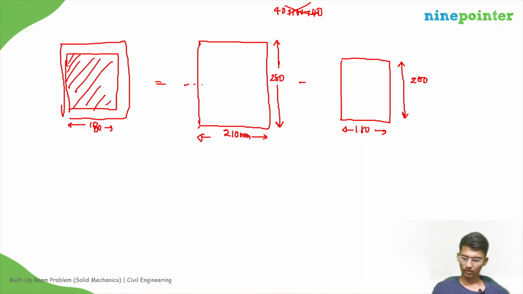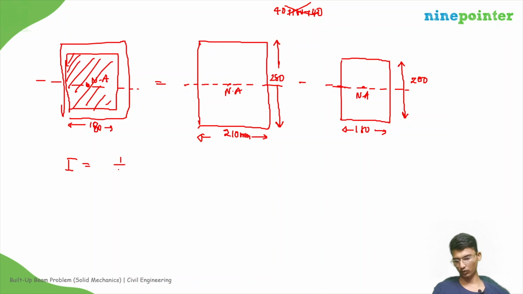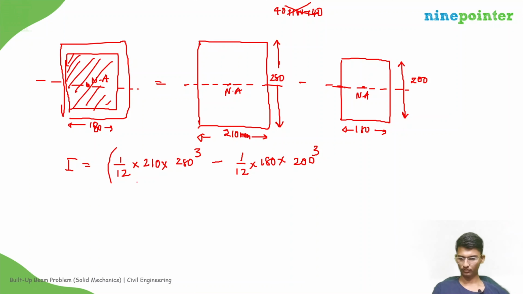So I is about the neutral axis. The same neutral axis is present over here. So we get I for this equal to I for the outer rectangle, that is 1 by 12 into b, which is 210, into 280 whole cube, minus I for the inner one, that is 1 by 12 into 180 into 200 whole cube, in mm to the power 4.